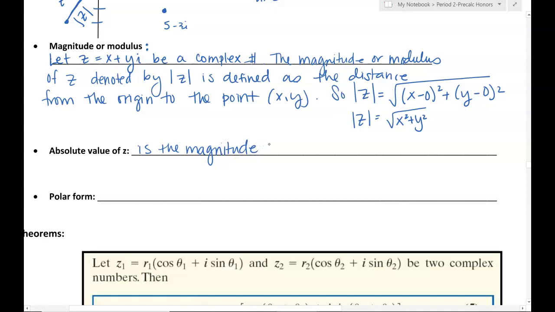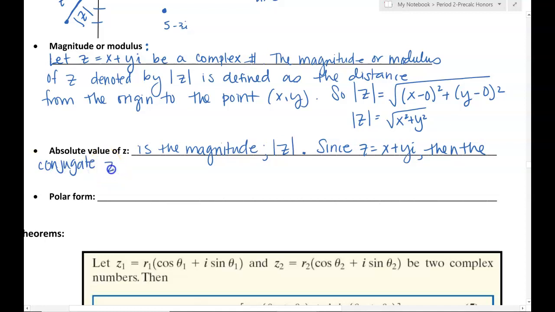Okay, and as you know, we use this to represent the magnitude. Since z equals x plus yi, then the conjugate, okay.